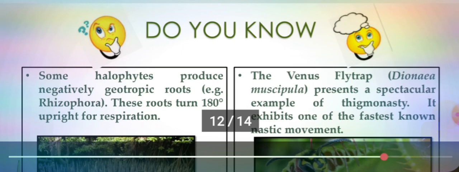Venus flytrap has delicate hairs on the inside of its flat leaves. If you see those leaves, these leaves are flattened. And inside these flat leaves you find hairs, and those hairs have to be disturbed twice in 20 seconds, and immediately the flattened leaves close.